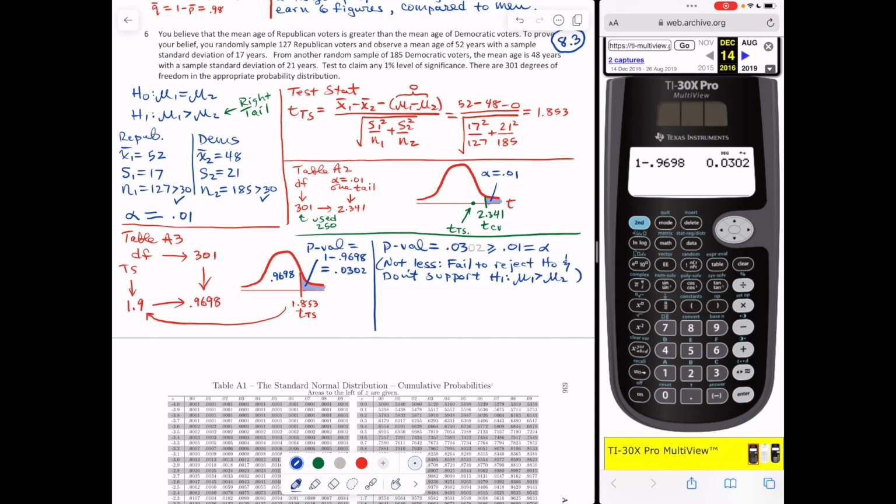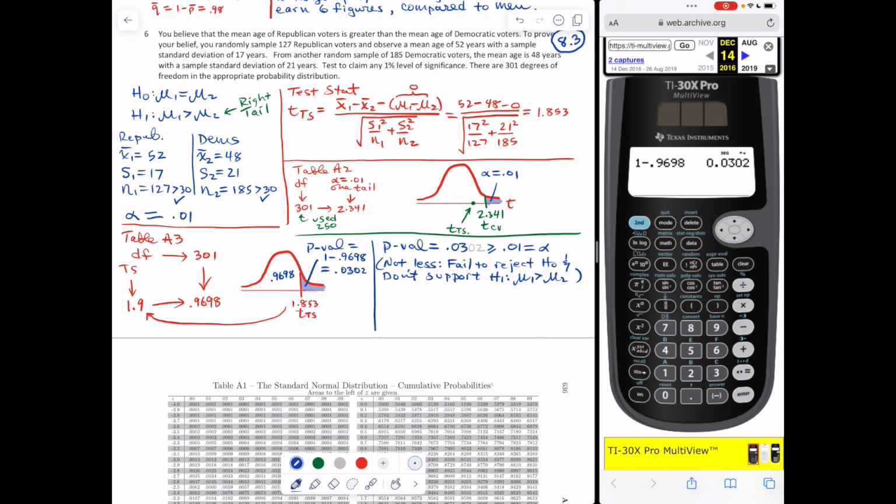Okay. And now I'm going to try and squeeze a little conclusion down here that it's about the mean age of Republican voters being greater than for Democrats. So that's what's being claimed here, and we can't support that.